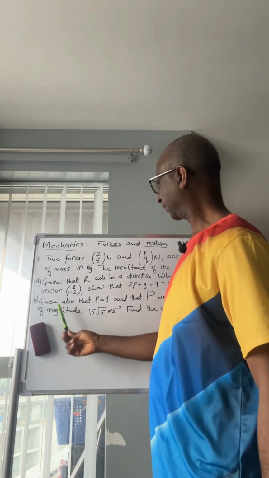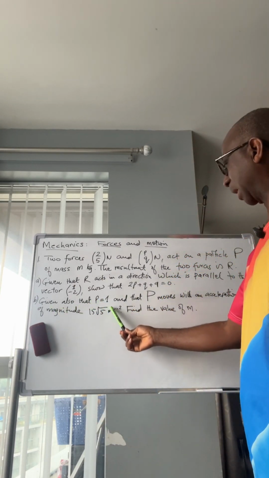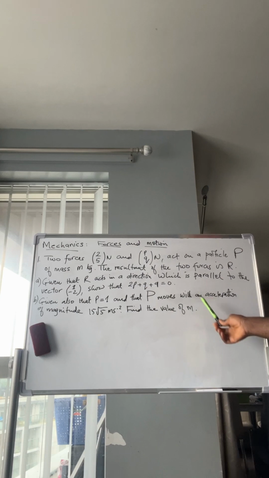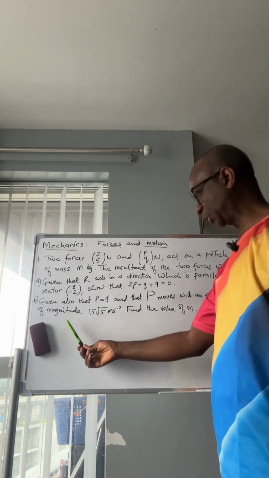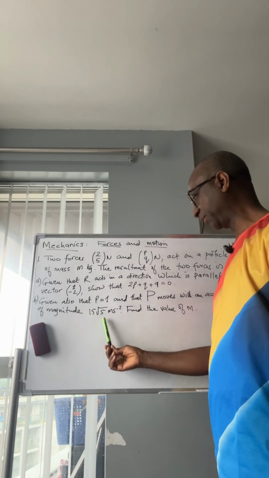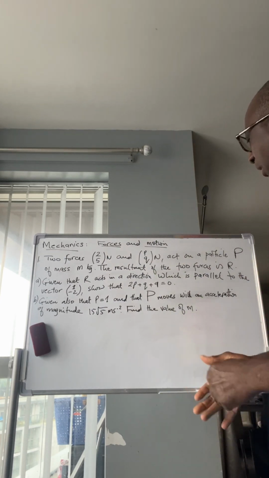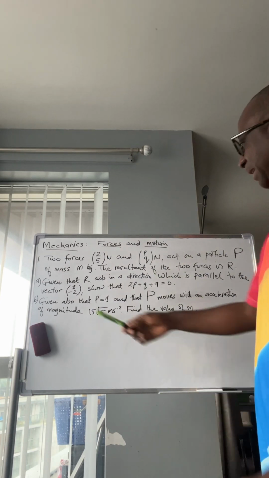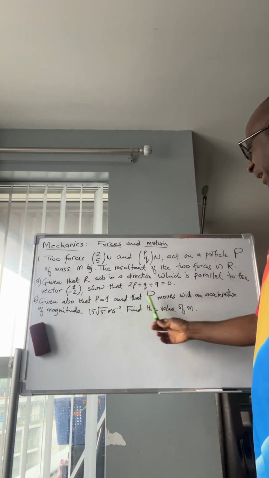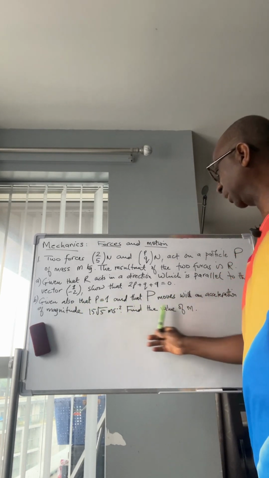B, given also that p equals 1 and that P moves with an acceleration of magnitude 15√5 meters per second squared, find the value of m. Don't get confused with the p's.